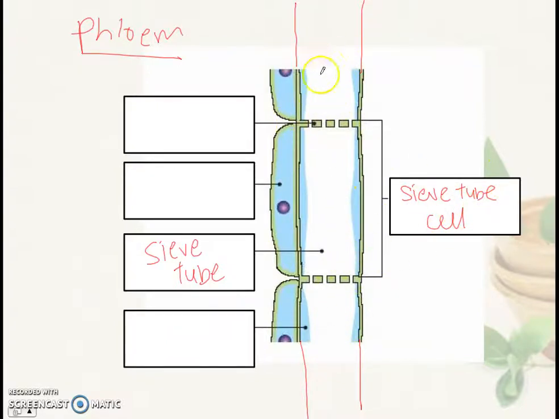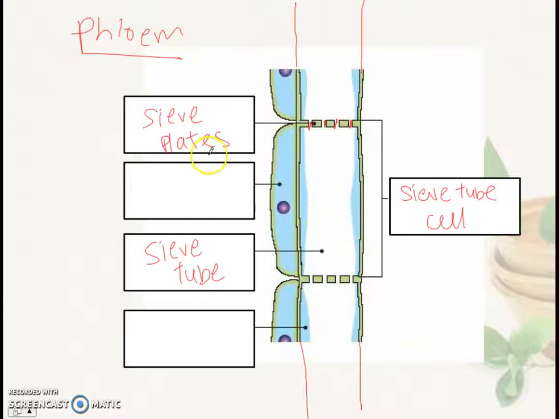Now, inside these sieve tubes, there are little walls. And these walls between sieve tube cells, we call them sieve plates. These are the sieve plates that separate sieve tube cells from each other. Realize that there are little pores, little holes in the sieve plates.